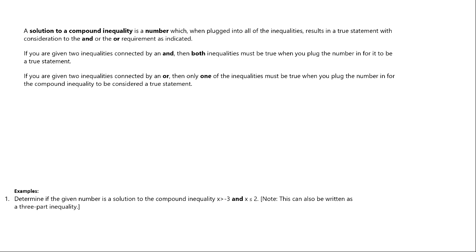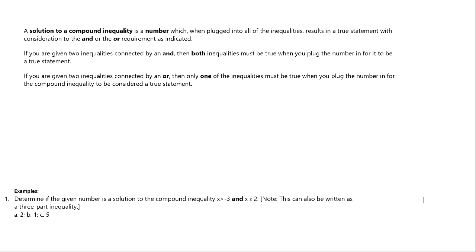In the first example, we're going to determine whether the given number is a solution to the compound inequality x greater than -3 and x less than or equal to 2. Before we continue, if you need a reminder on how the solution works, we say a solution to a compound inequality is a number which, when we plug into all the inequalities in our compound inequality, results in a true statement.